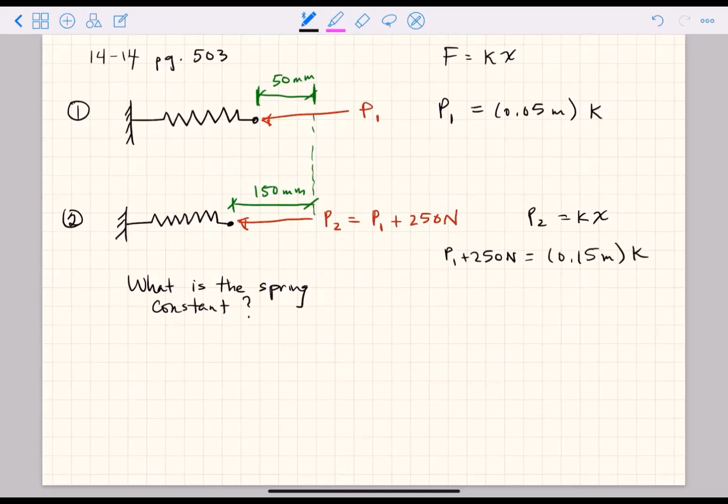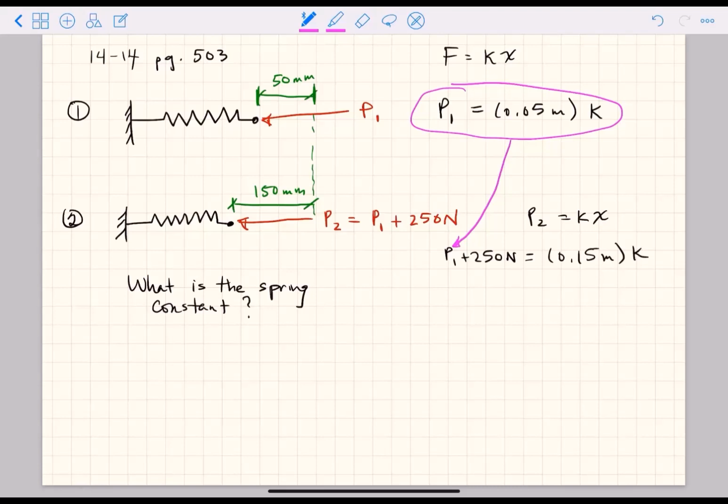Okay, so what are we going to do? Well, we have really 2 equations and 2 unknowns. So it really depends on how you want to solve this. One easy method would just be to take P1 here, and we can sub that directly into here.